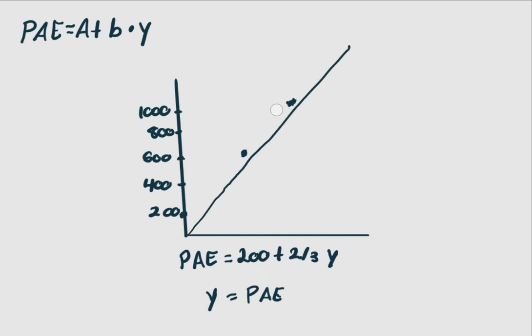Let me fix this line here. Yeah, you just draw a 45-degree angle, and then where this 45-degree line and your aggregate expenditure line cross is where your Keynesian equilibrium is.